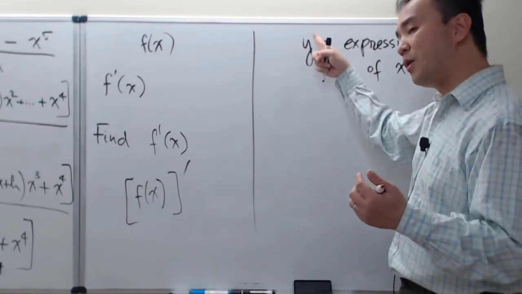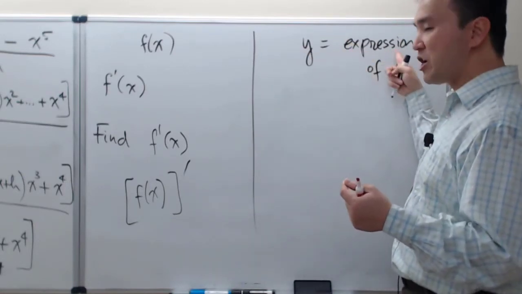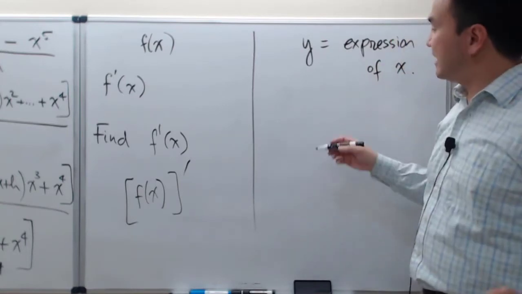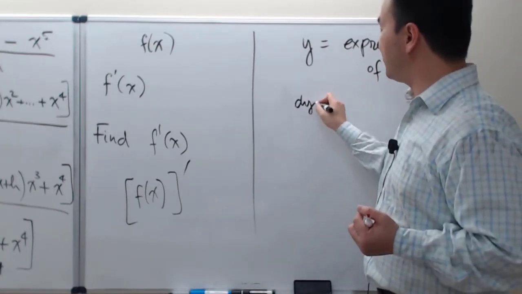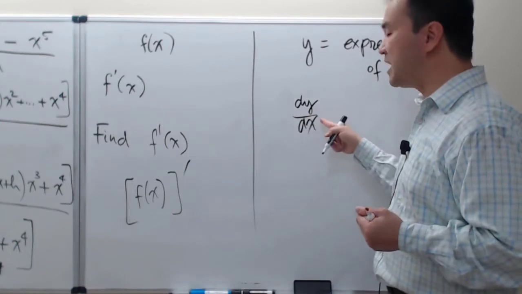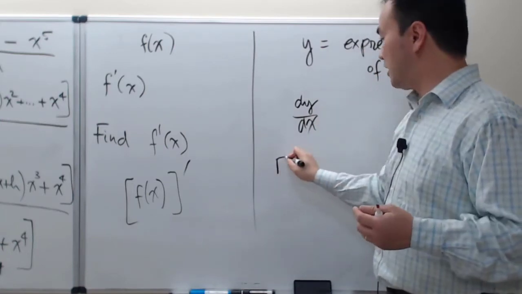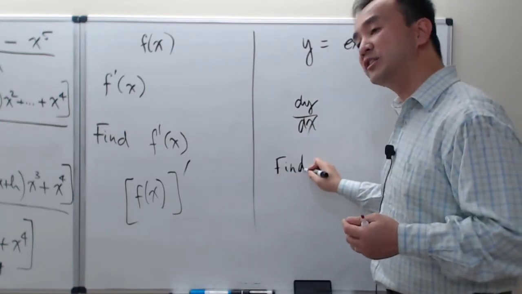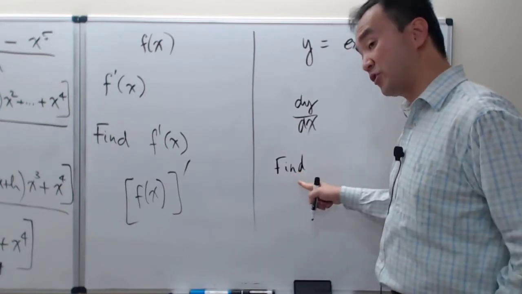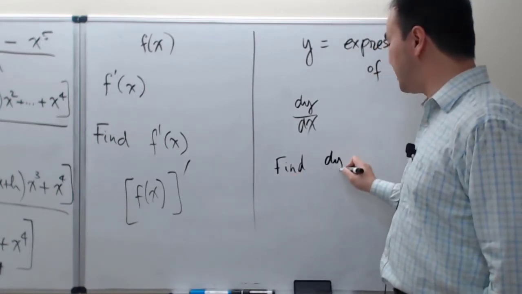And in the same way, if your function originally started out in the form of an equation where a single y equals some expression of x, then of course everybody already knew that dy dx means the derivative. But a lot of times when we're being instructed to do a problem, the instruction says find dy dx.